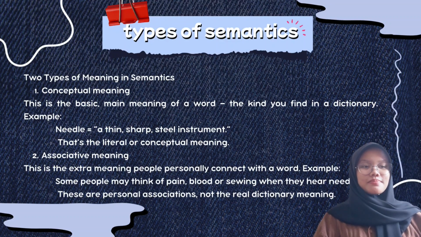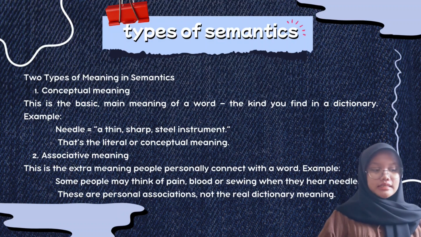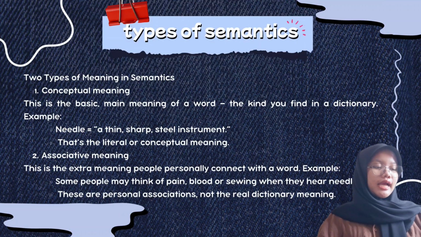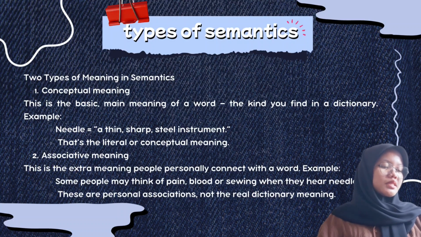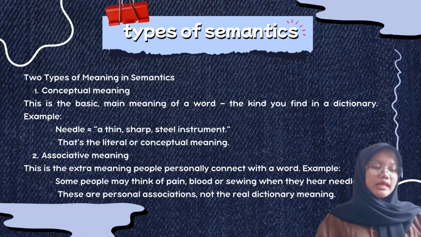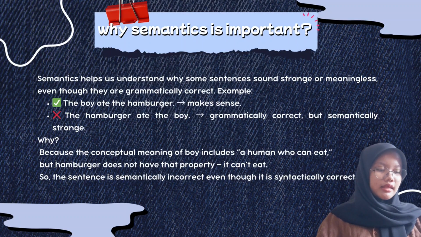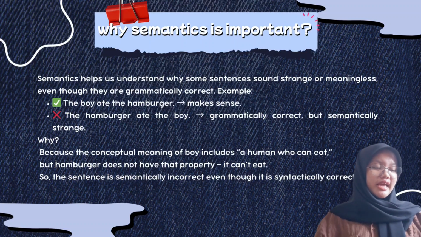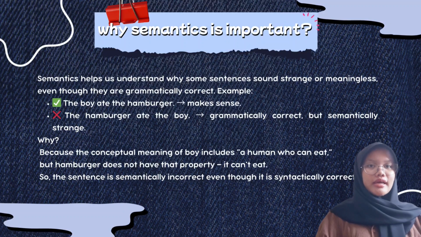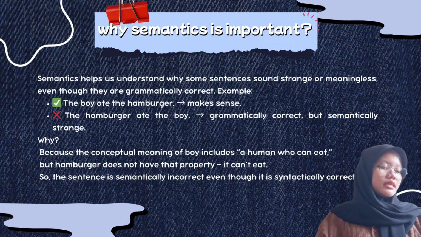The next is why semantics is important. Semantics helps us understand why some sentences sound strange or meaningless, even though they are grammatically correct. For example, the boy ate the hamburger. It makes sense, right? But if the hamburger ate the boy, it's grammatically correct, but it's semantically strange.